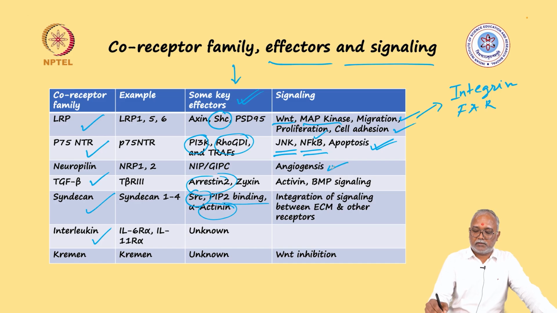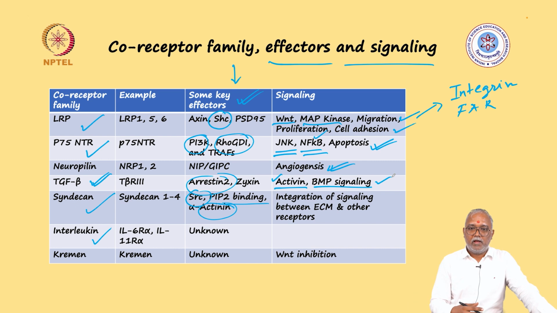Also there are these co-receptors which work through angiogenesis, and particularly in the case of receptor serine threonine kinase, we saw that TGF beta type co-receptors worked with activin signaling as well as BMP signaling. And if you recollect, BMP signaling was playing a very important role in bone morphogenesis, and activin had a lot of role to play in cancer, infection, immunity, and so on.